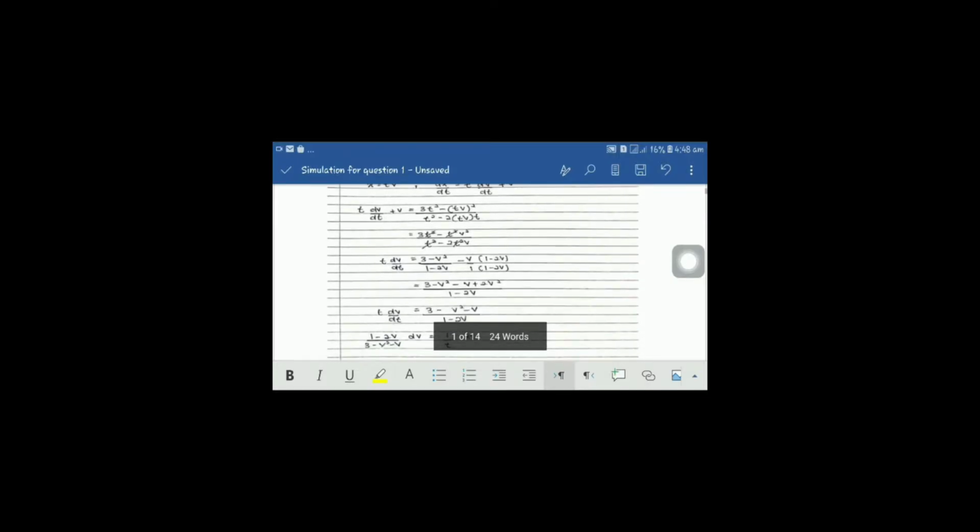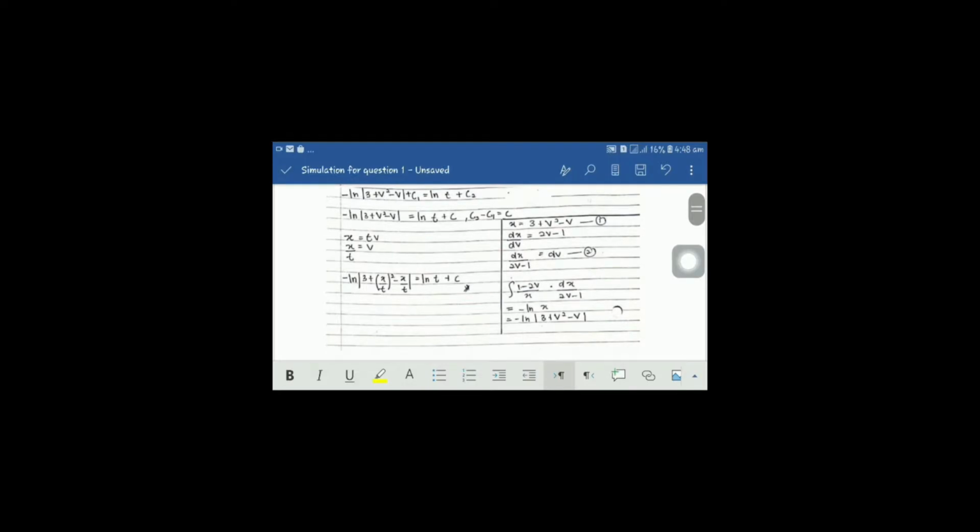The next step is to solve the equation by the method of separation of variables. We get the answer: negative ln of (3 plus v² minus v) equals ln t plus c, where c is a constant.